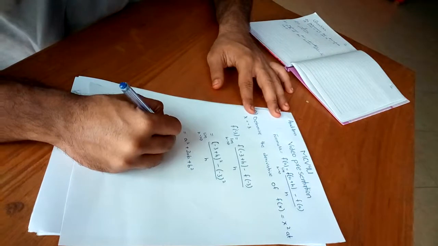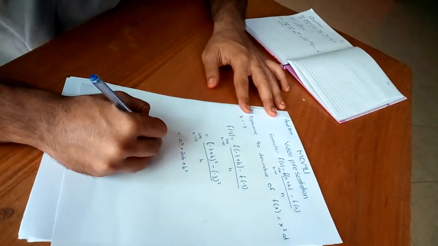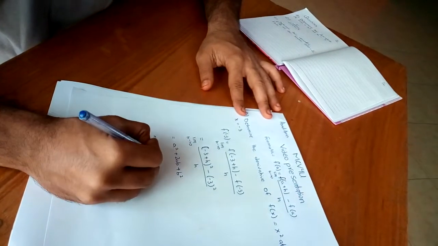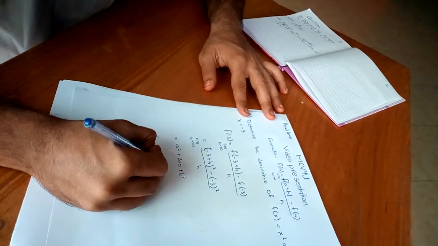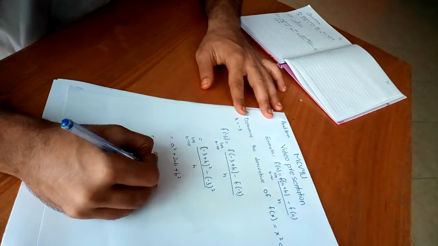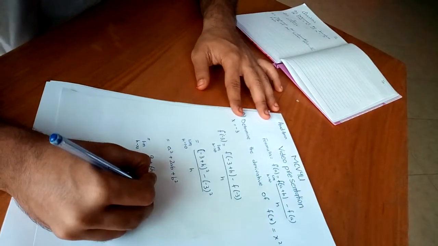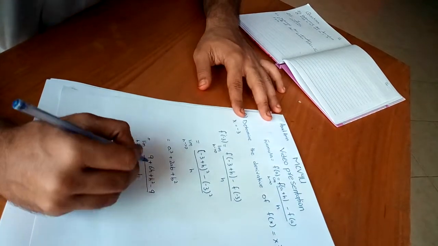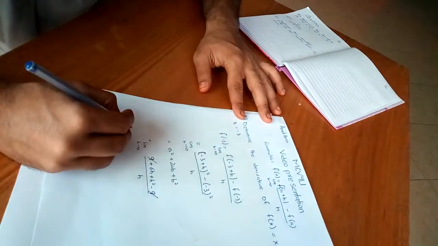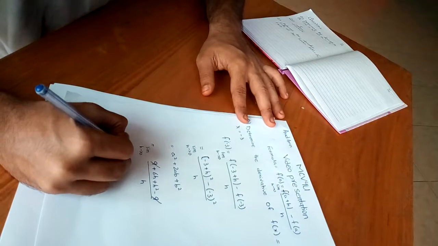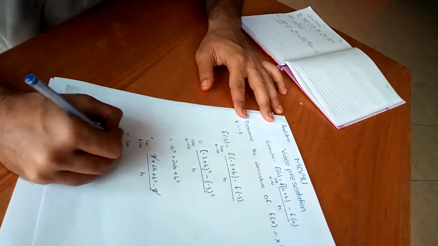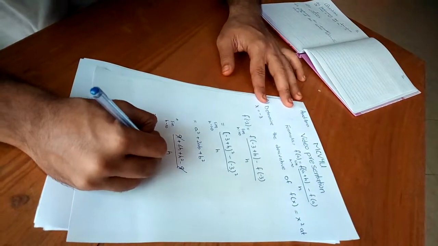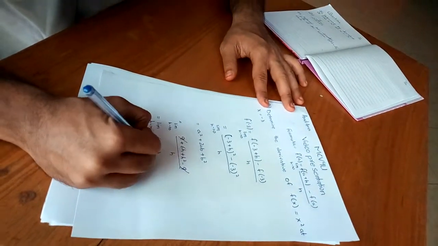So it will become 9 minus 6h plus h square minus 9, which is this one. So this 9 will cancel out with this one, so we'll be left with negative 6h plus h square over h.